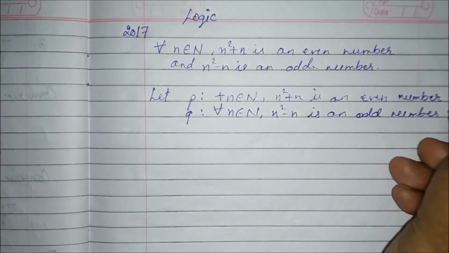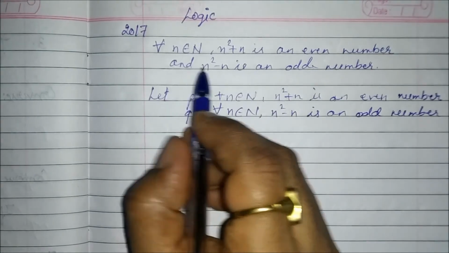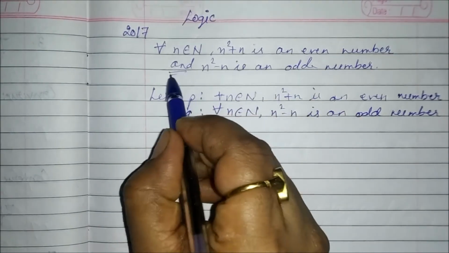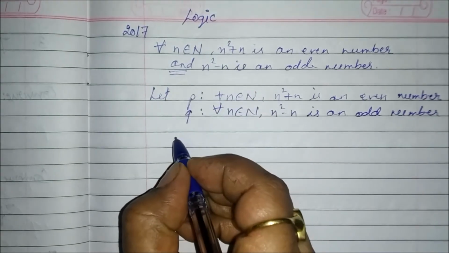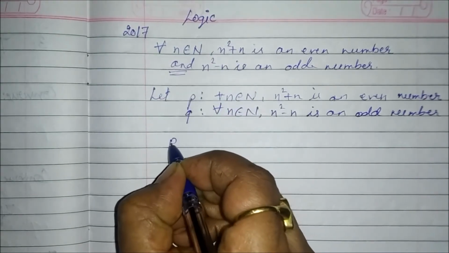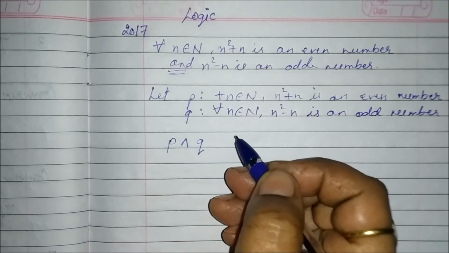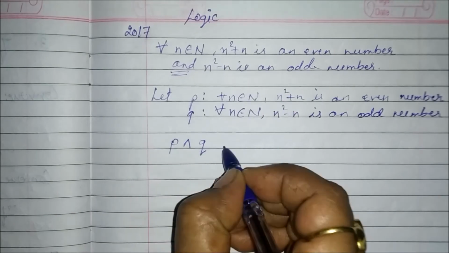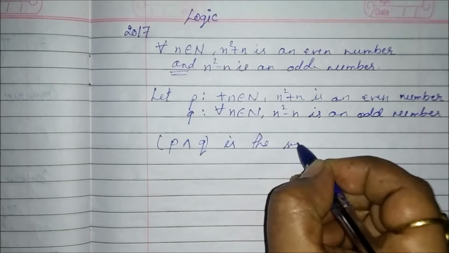We have to write this in symbolic form. Since in the question it is given and, so we use the logical connective and. Statements are P, Q and use the connective and. So this is the symbolic form.